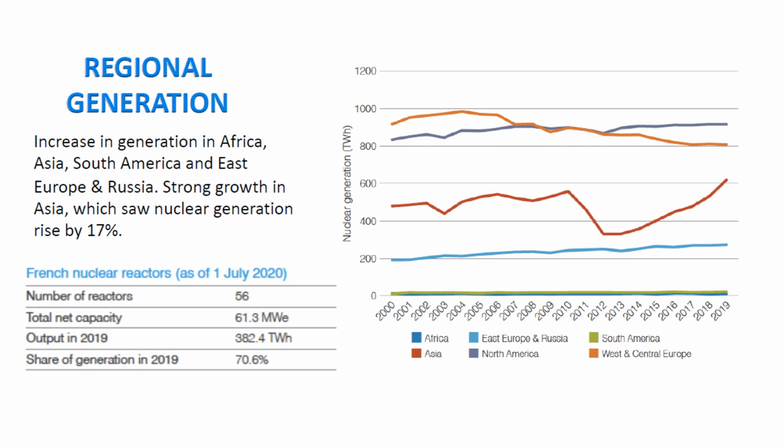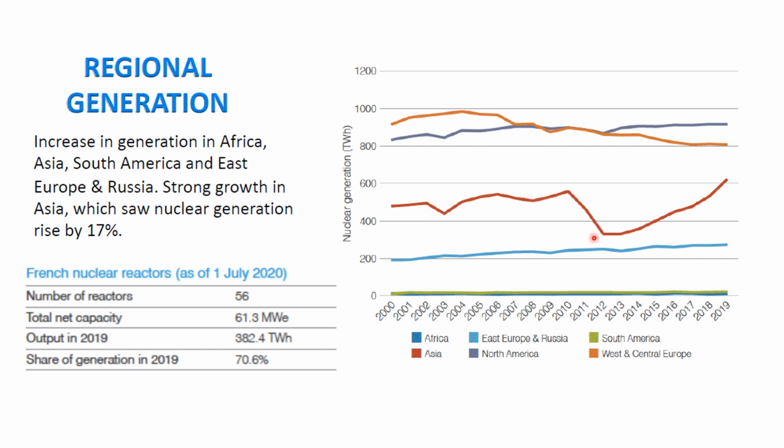There's an increase in generation in Africa, Asia, South America, and East Europe and Russia. And there's a strong growth in Asia, which saw nuclear generation rise by 17%. As I've said earlier, there is a strong increase of nuclear interests in Asia, specifically in China and South Korea.